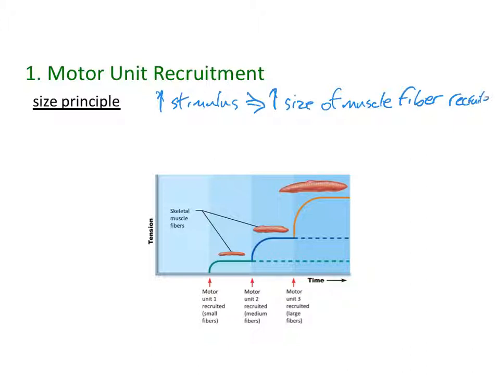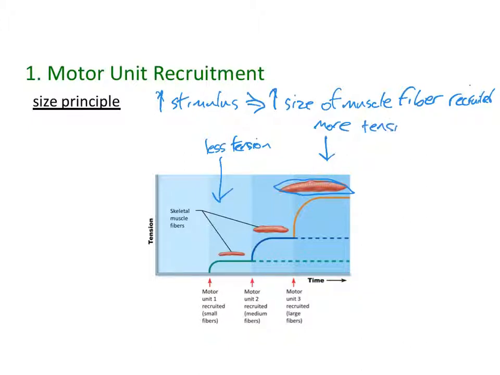So what this gives us is less power when there's a smaller stimulus, so it gives you more fine control. And then as the stimulus gets ramped up, you're going to get these larger muscle fibers, as indicated by this huge thick muscle fiber, and that will generate more tension.